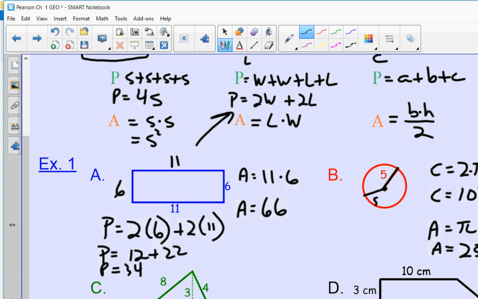Okay, so that's 25 times 3.14. And I believe that comes out to be about 78.5. Let me check. So it comes out to be about that. Okay, so that's kind of doing those.